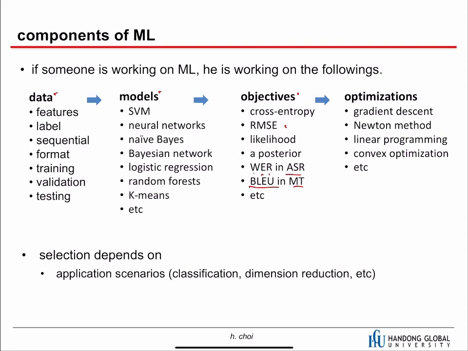Depending on these scenarios, we choose one of them. If it is a speech recognition system, then we need the features, the data is sequential, and we need the labels, and we split the data samples into three different categories, and the model could be a neural network, the objective WER, and the gradient descent method can be used, something like this.